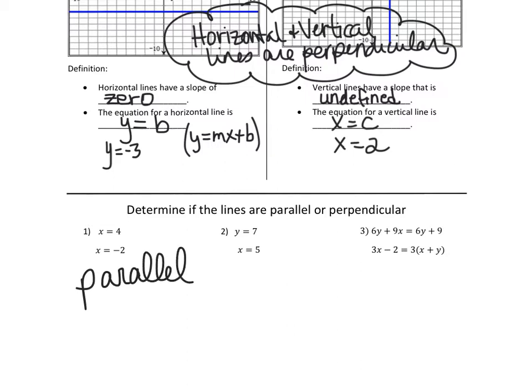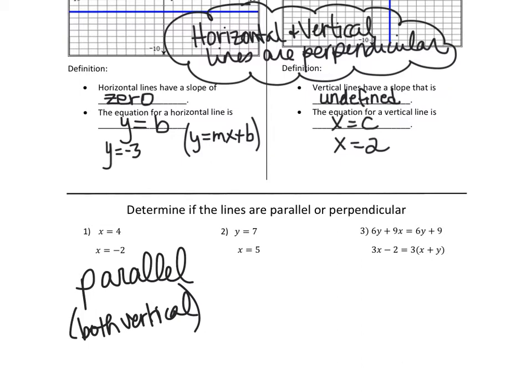But they are the vertical lines. These are the vertical lines. Okay, so they both have the same undefined slope, right? So they were flat this way, right? Yeah, that's what I meant. I know. Okay, so these are vertical lines. And so they both have the same slope of undefined.